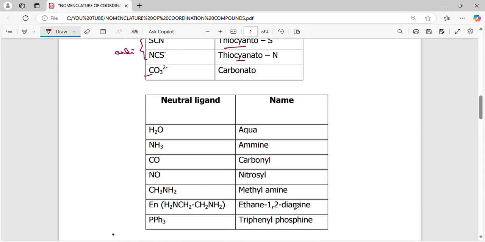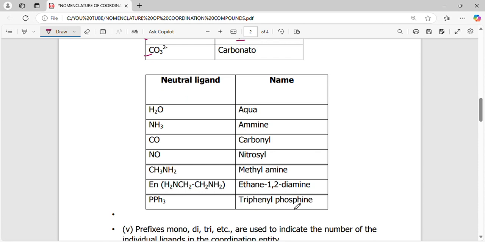Similarly, some neutral ligands are there. Neutral means the charge will be 0 for these ligands. So instead of saying water, we have to say aqua. Ammonia is written as ammine, and see the spelling, AMMINE. You need to be more careful with the spelling because we have to use 2 M. Carbon monoxide is written as carbonyl.